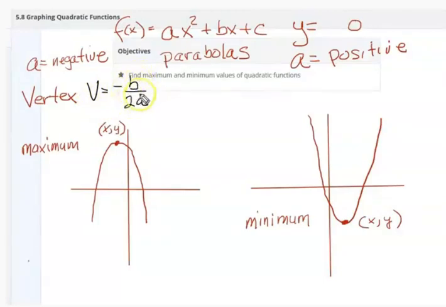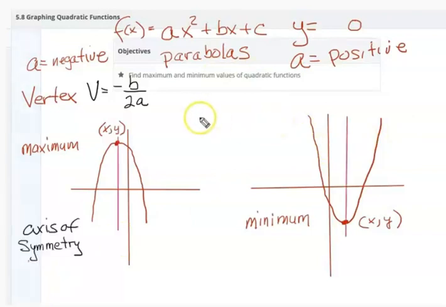So this will give us our x value of the ordered pair of the vertex. And if we know what the x value is, if we put that x value into the original equation and solve for y, that will give us our y value. So we'll be doing some examples of this as we go on.